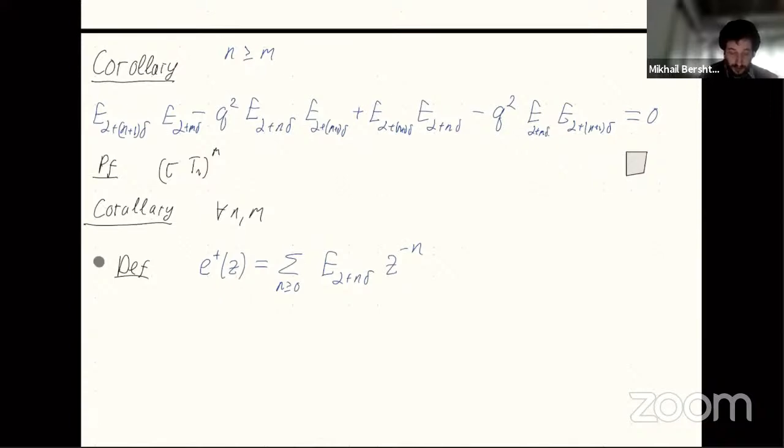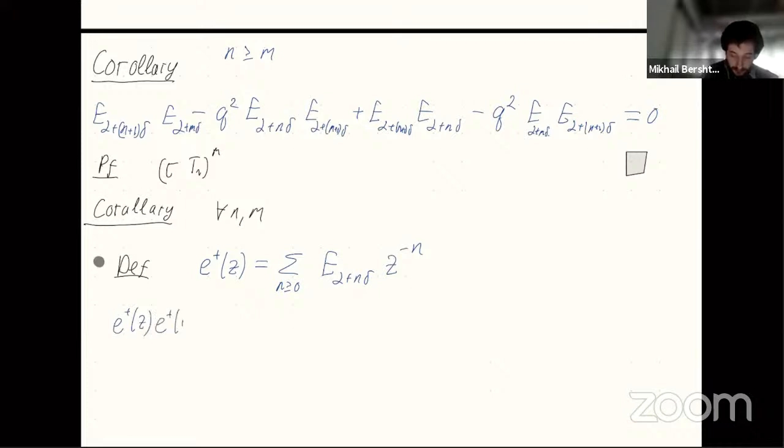Then this relation, which we showed to hold for any n and m, leads to the following relation in terms of the current. This is the formal generating function of the generators of our algebra.